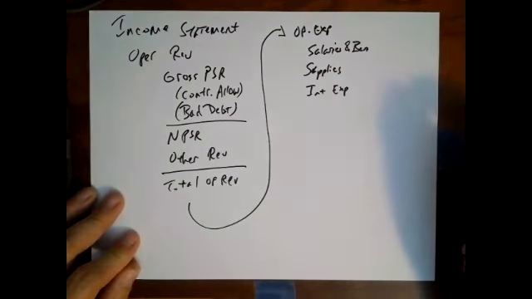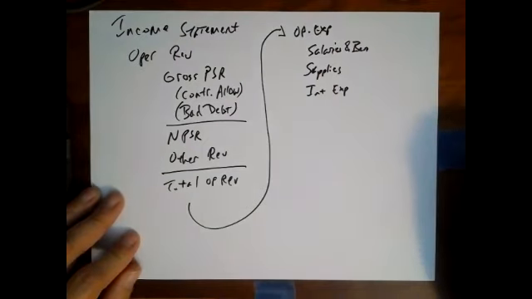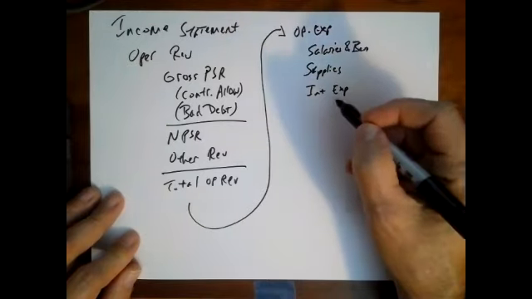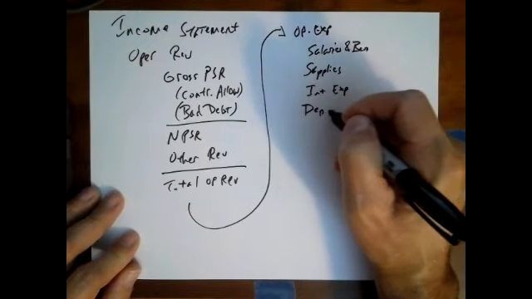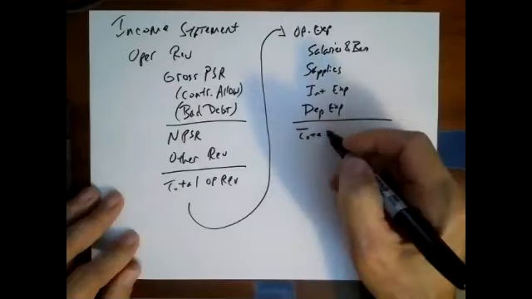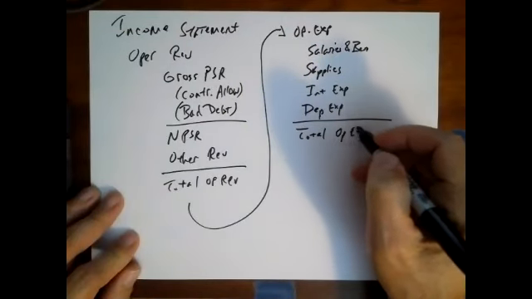Right? Most hospitals and large organizations have interest expense. This is interest they're paying. Depreciation expense, that's an important one, right? And then some other ones. Those are just common ones. So I'll add all that together. That gets me my total operating expenses.